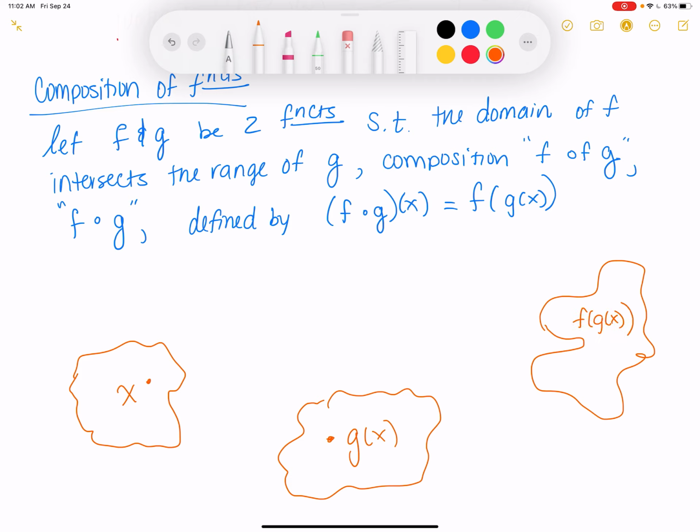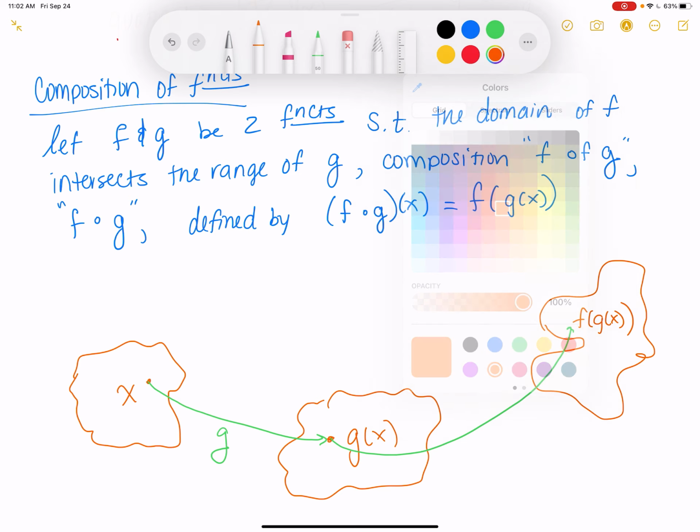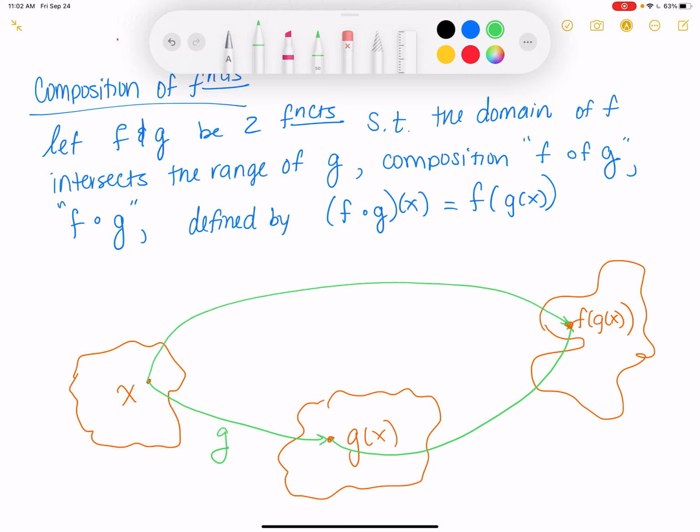So the way this works, I'm going to draw arrows. It goes x to g of x, and this is g. It goes from g of x to f of x, and I forgot to draw my little point here. Or I can go all the way from x over to f of g of x this way.